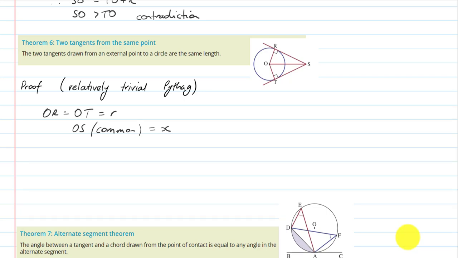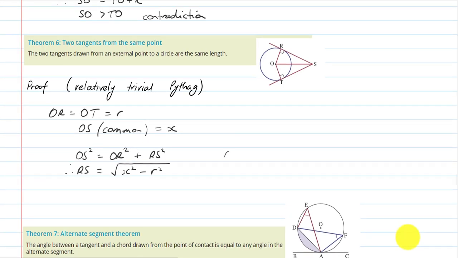Given where the right angles are from theorem 5, OS squared equals OR squared plus RS squared, and therefore RS is equal to the square root of X squared minus R squared.